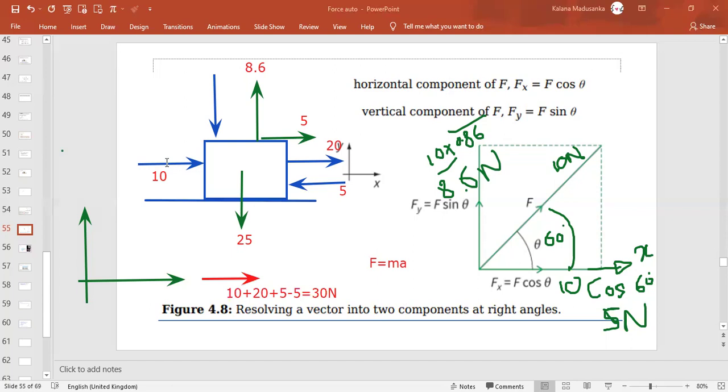Okay, I forgot to put the value in here. Let's take this one as 5. Now in the y direction, positive side it is 8.6, negative side 8.6 minus 5 and minus 25. Yes, am I correct? This is a positive side, negative 5, negative 25.